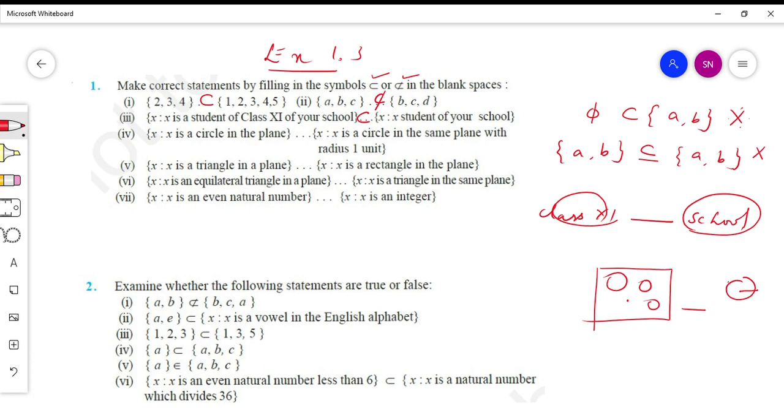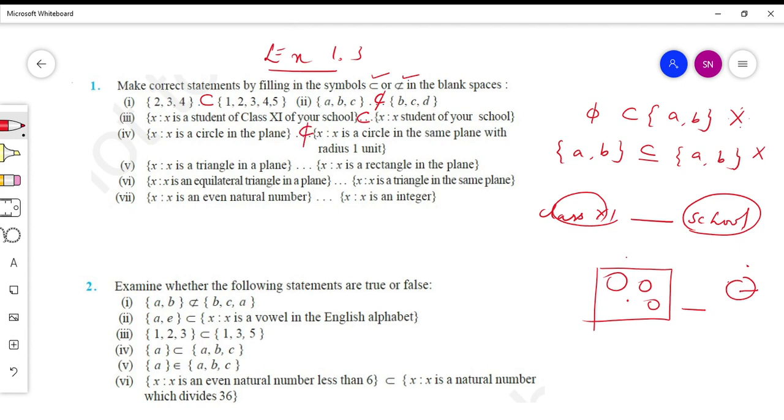If you have a smaller set, then only I will be able to tell that I have derived a smaller set from a bigger set. On my left hand side I already have a bigger set. From this I cannot derive this. I hope you understand the concept. Please, if you do not understand the concept, go through the previous questions once again so that you get a hang of it. So this is not a subset.